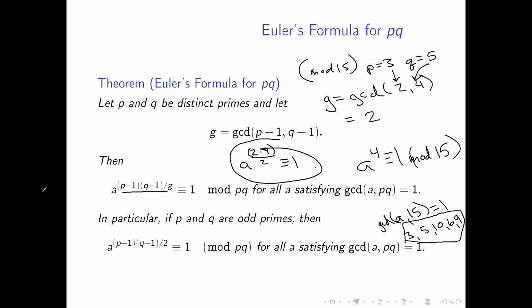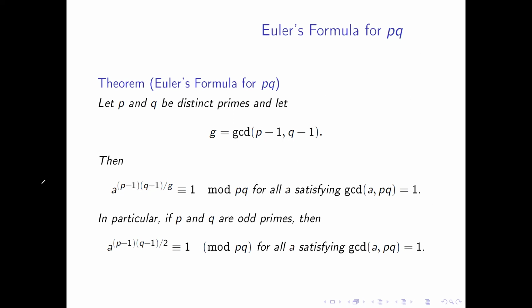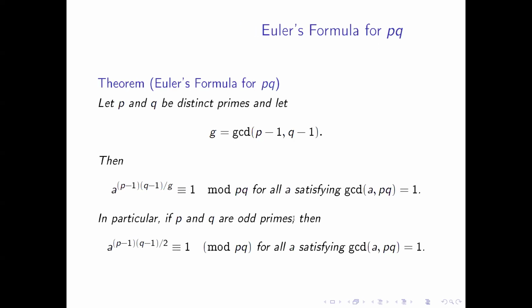So this Euler's theorem is really powerful in that it lets us now apply Euler's formula in general, in the situation where I have a product instead of just a prime value. Notice this works for odd primes, which is every prime besides 2. We're ignoring the prime 2 because mod 2 is just boring, and this works for everything.